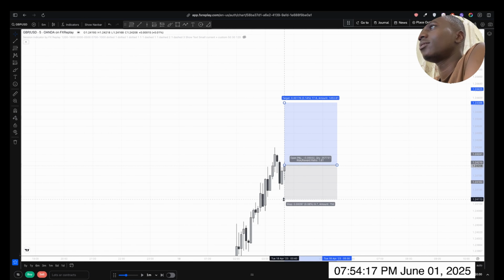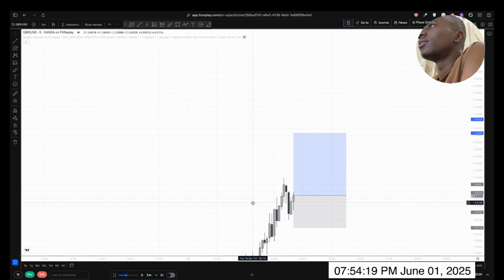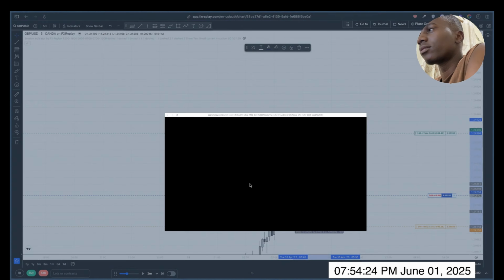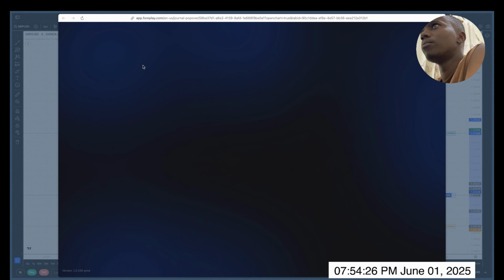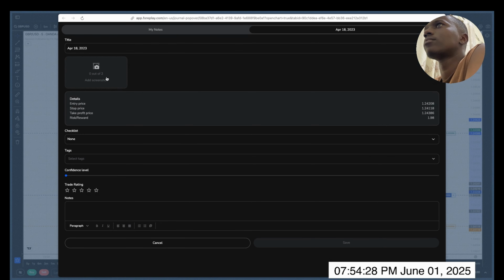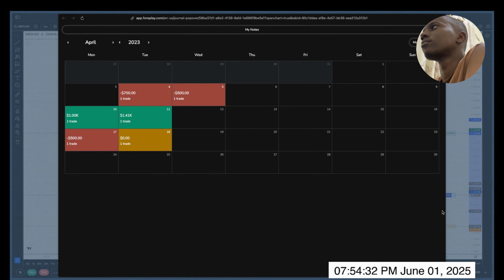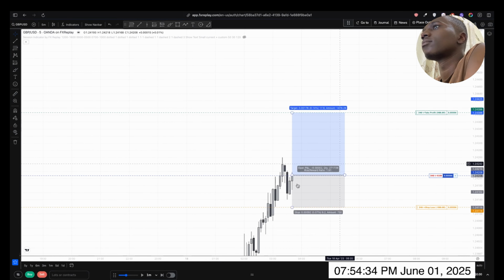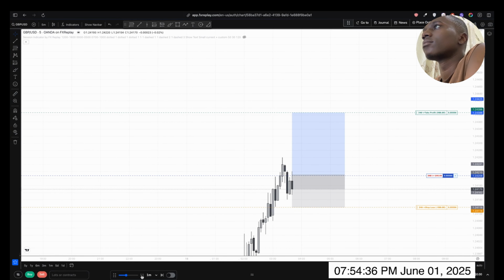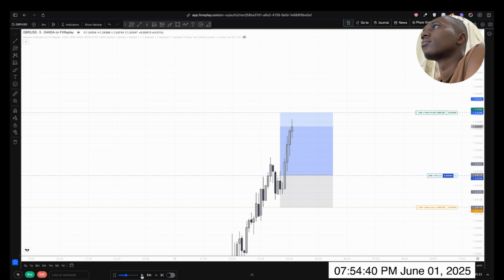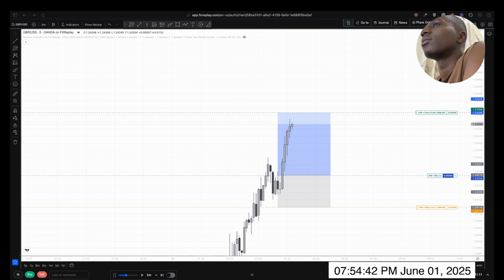It's a small risk to reward, but not a bad one. So you can see we're already pushing to the liquidity level.